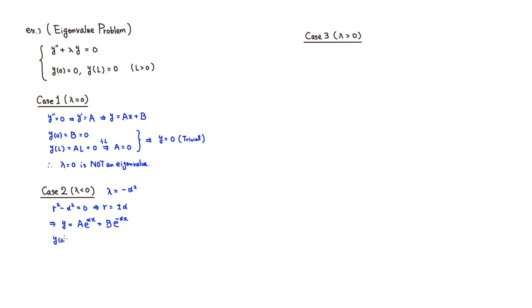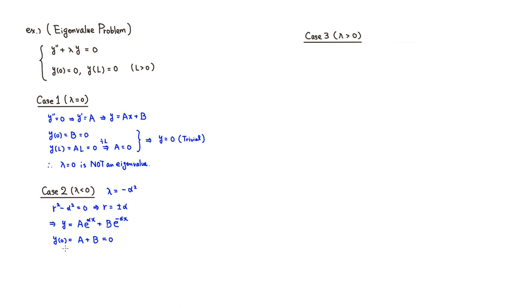Then let's check the boundary conditions. For y of 0, e to the 0 is 1, so you're just going to get a plus b, which must be equal to 0 from the first boundary condition.